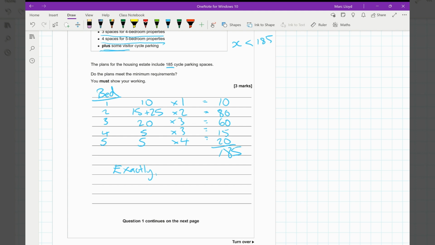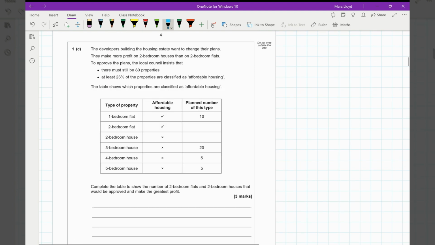English teachers around the world will be screaming at me there. No, it is not meeting the requirements as there is not enough spaces for the visitors. What we've got here is that 185 is exactly how many they need to fulfill the requirements for all the properties. They have not fulfilled that bottom line of plus some visitor cycle parking.